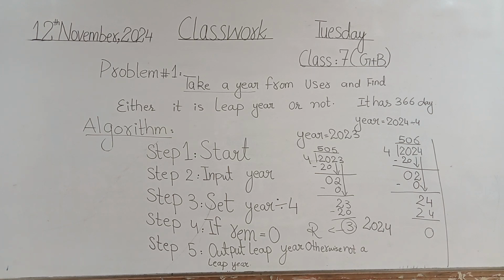So the last step is step number 6. What is step number 6? Who will tell me, boys? Rayan, Rahil, please tell me what step number 6 is. Yes, step number 6 is stop. We have to stop when we have reached our output and our algorithm has given us the output.